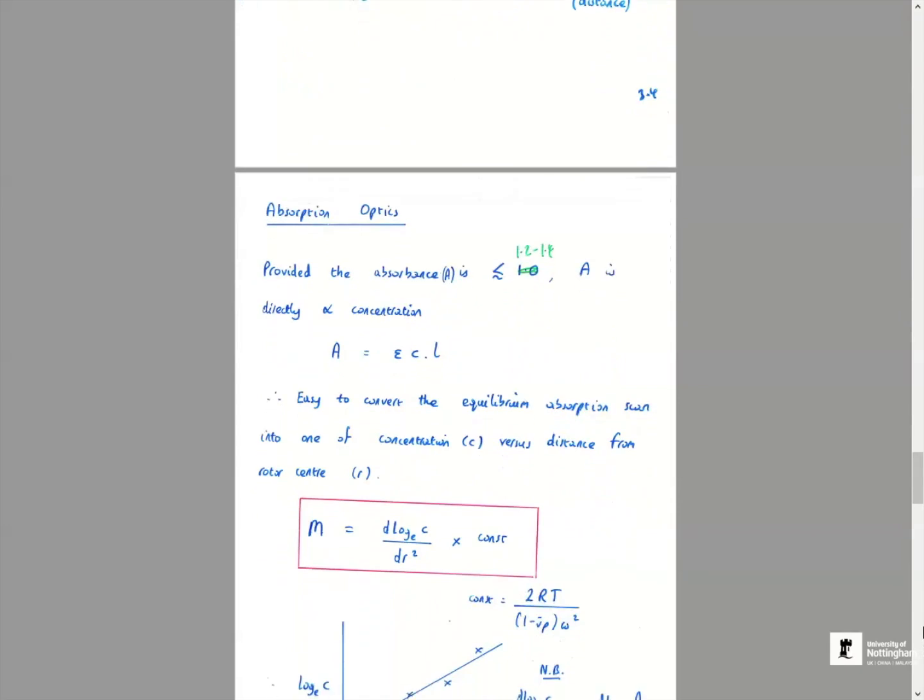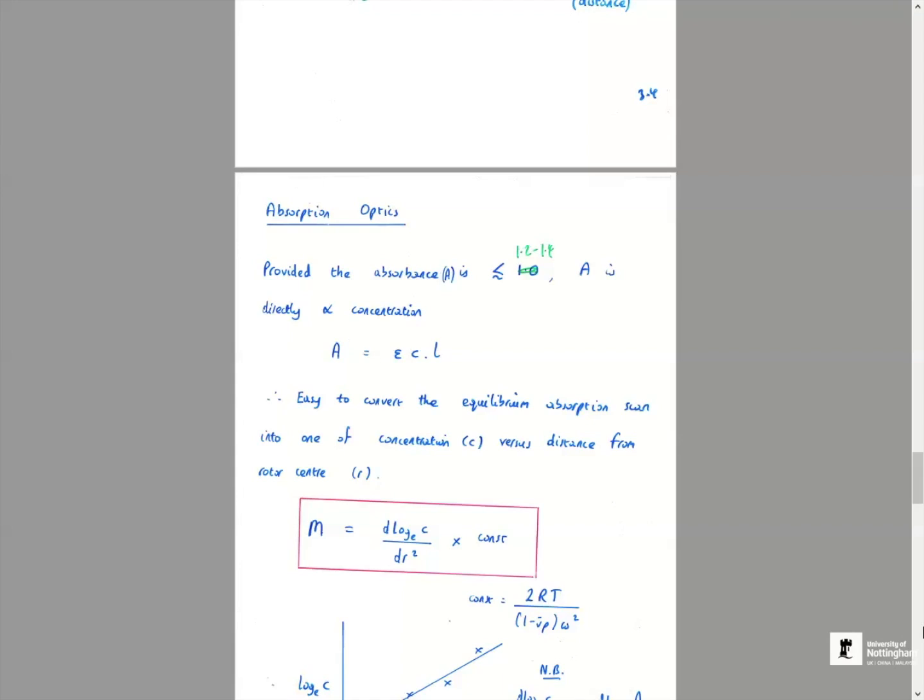If the absorbance is too high, then what we can do is repeat the experiment with a shorter cell, reducing the path length. You can't always dilute the solution, because sometimes you want to see what's happening at higher concentrations, but we can use shorter path lengths.